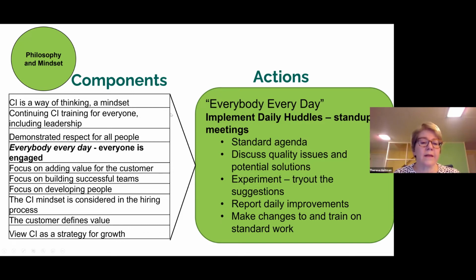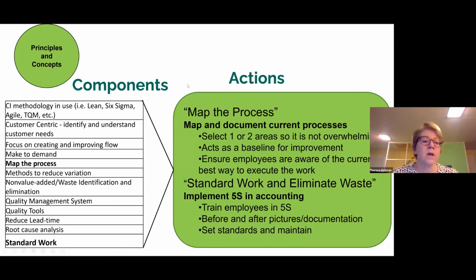So that's kind of how I would like to see you use this continuous improvement ecosystem, is to understand where you are in each one of these elements, and then what you can do to strengthen each one of those elements. So next we have principles and concepts.